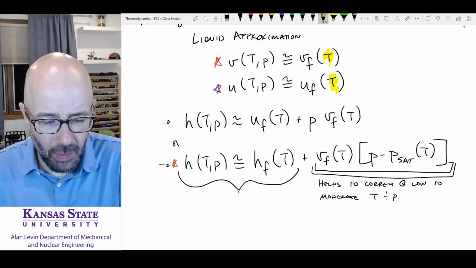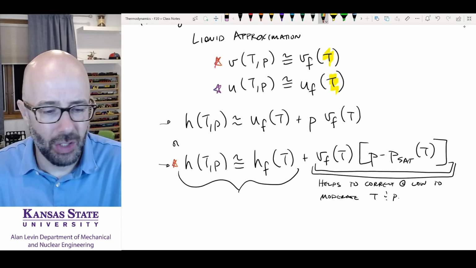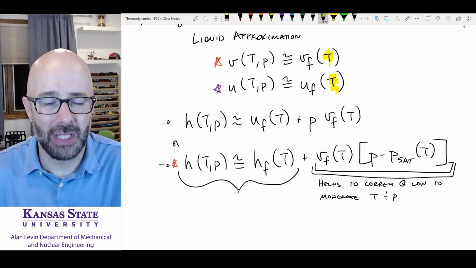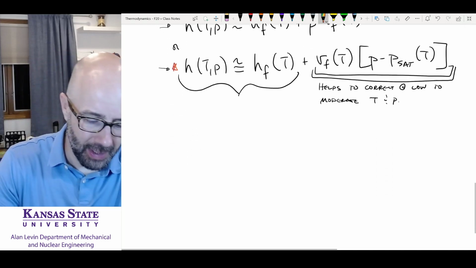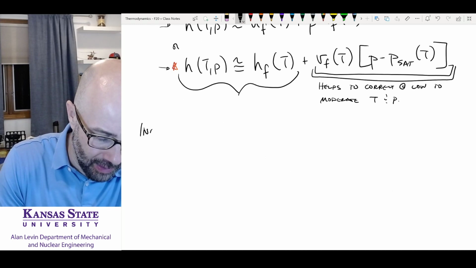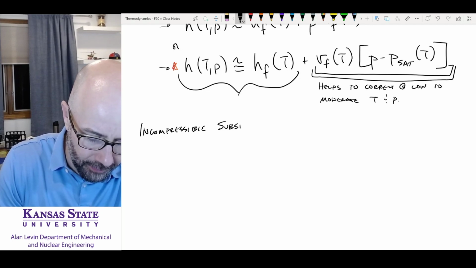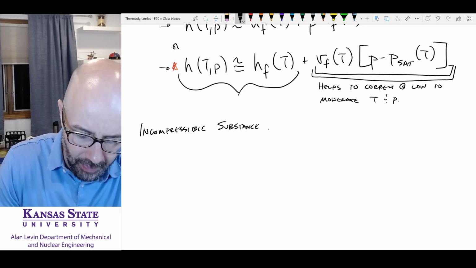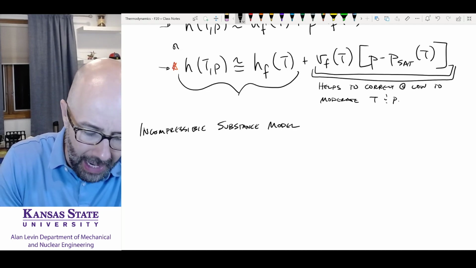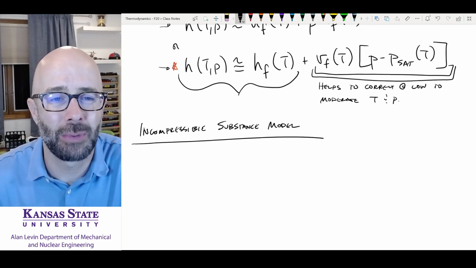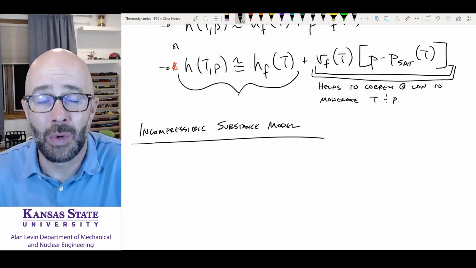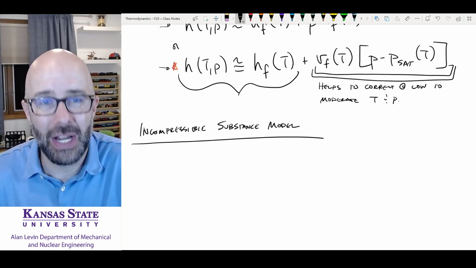The last thing we're going to talk about today before I let you loose is something called the incompressible substance model. I don't think it'll come as a shock to you that the incompressible substance model will be used when substances are incompressible.